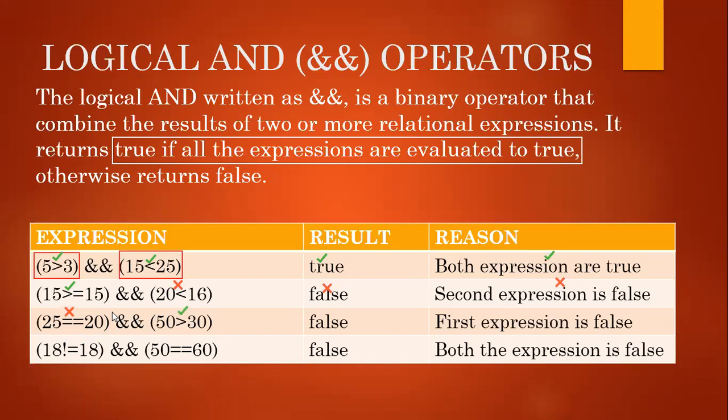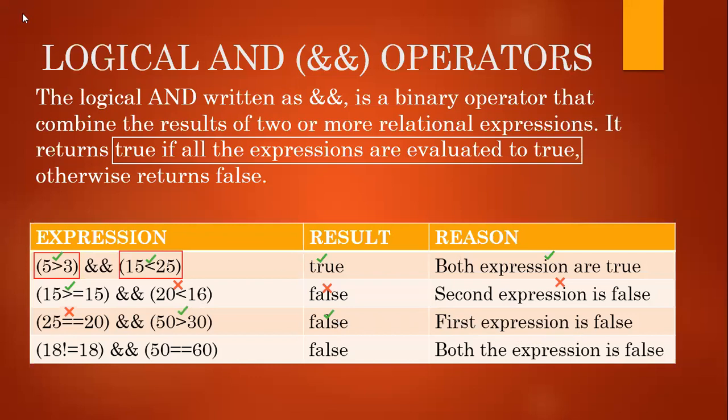If I combine them together with an AND operator, for AND to result true it has to have all the expressions true. But here one is true and one is false, so the answer is coming out to be false, because the first expression is false.